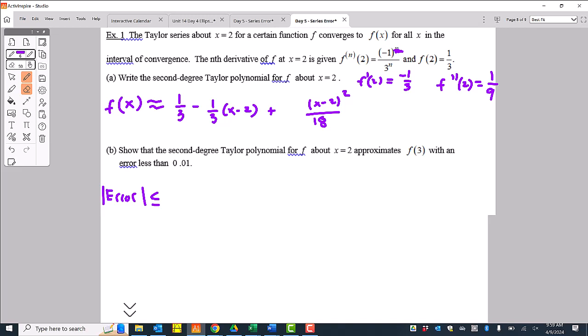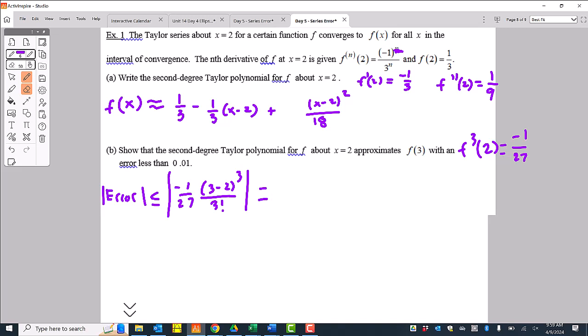So next term is going to be the third derivative, which is negative 1 over 3 cubed, which is 27. Negative 1 over 27 times 3 minus 2 cubed over 3 factorial. So just the next term, technically the absolute value of the next term.